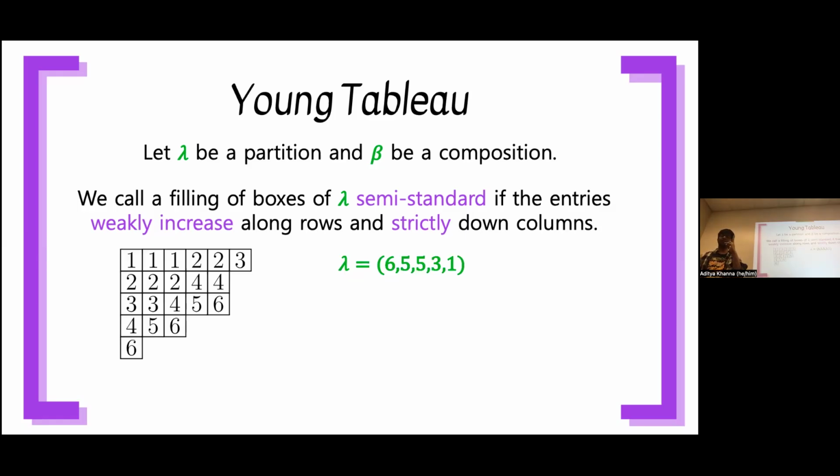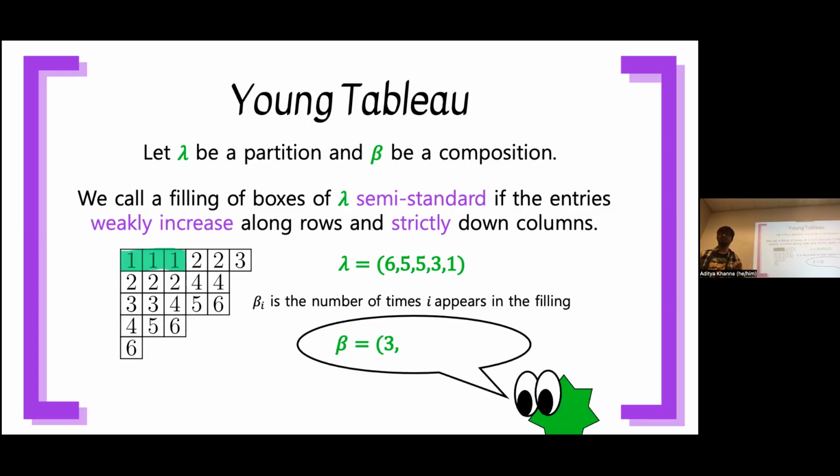It has 2 components to it. One of them is a shape. What am I filling? What are the boxes forming? As you can see, there are 6 boxes on top, 5, 5, 4, 3, 1. And that is my partition. Then how am I filling it will be captured using a composition. So I see how many ones there are. There are 3 ones, so I put a 3.